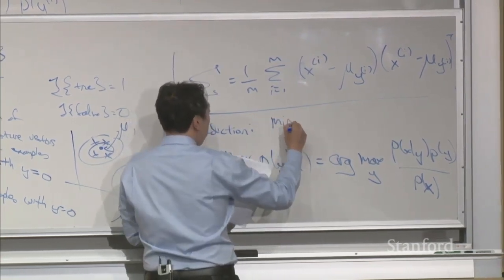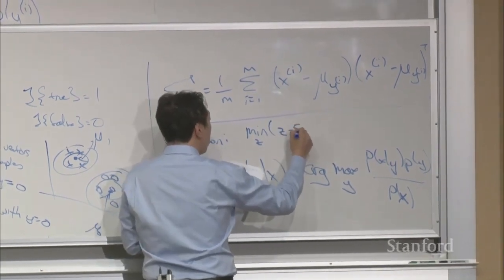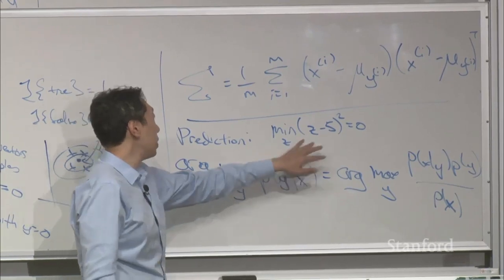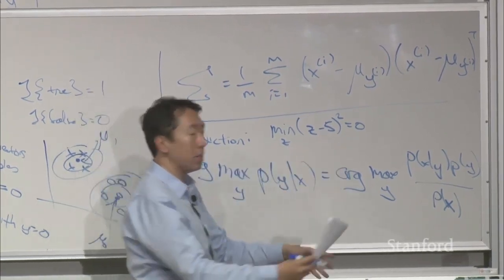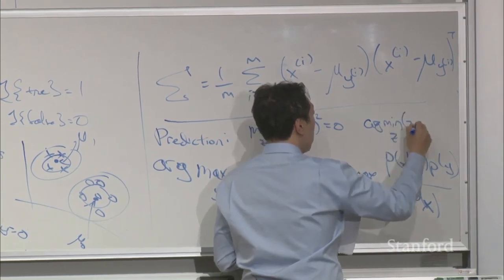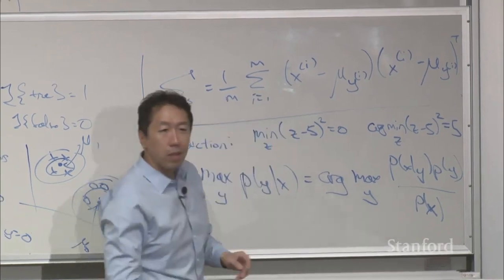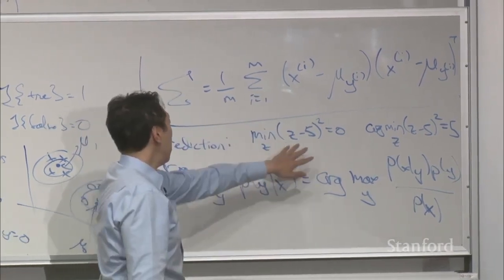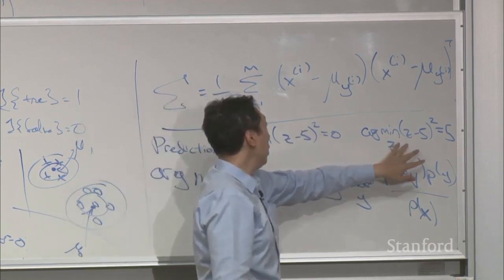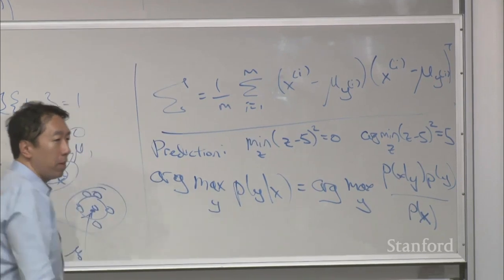The min over z of (z minus 5) squared is equal to 0, because the smallest possible value of (z minus 5) squared is 0, right? And the argmin over z of (z minus 5) squared is equal to 5, okay? So the min is the smallest possible value attained by the thing inside, and the argmin is the value you need to plug in to achieve that smallest possible value, right?